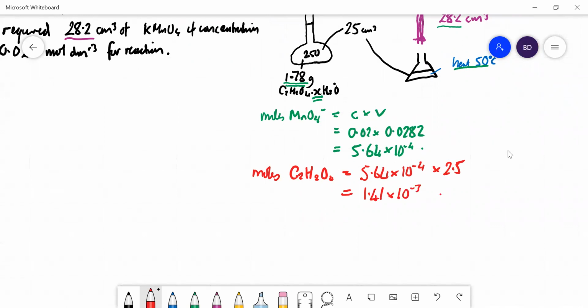And that's in 25 centimeters cubed. But we took 25 out of this total volume of 250. So how many moles have we got in 250? So moles of the acid in 250 is equal to that times 10.